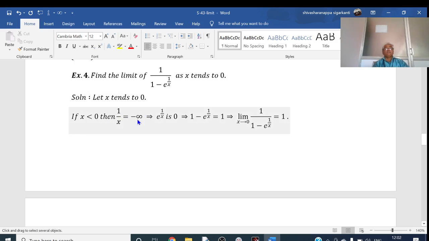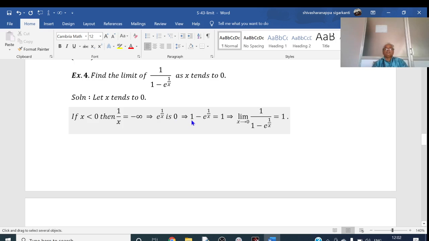That is, if x tends to 0 and x is negative, then 1 by x is minus infinity. So e to the power of 1 by x is e to the power of minus infinity, meaning 1 by e raised to infinity, that is 1 by infinity, which is equal to 0. So if x is less than 0, e to the power of 1 by x is 0.